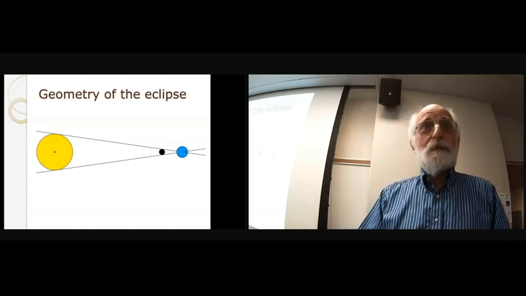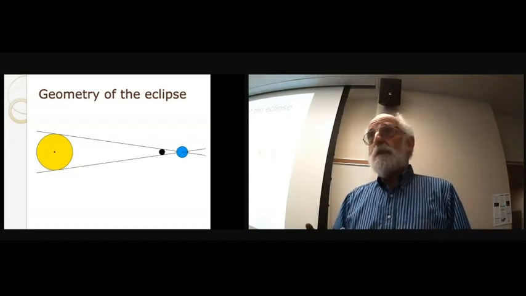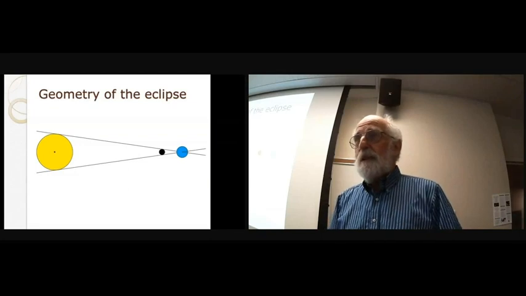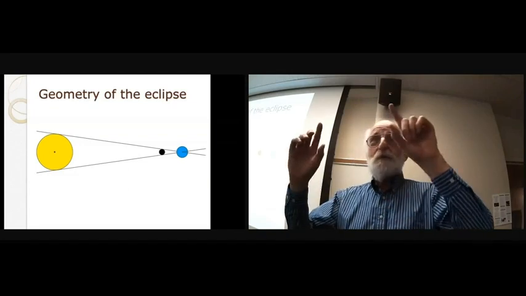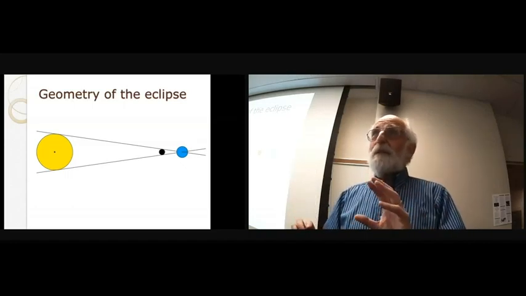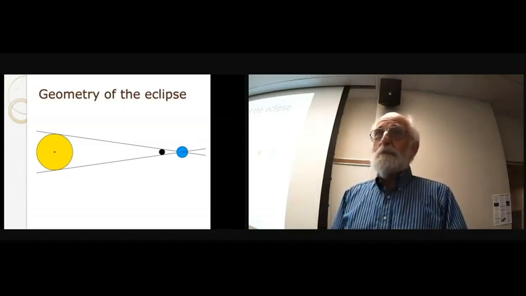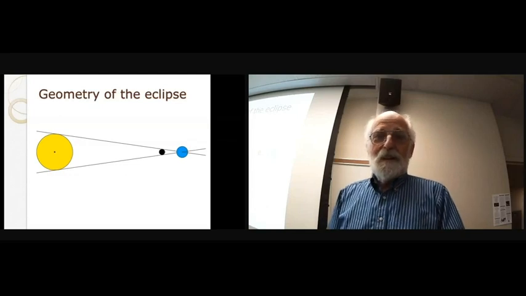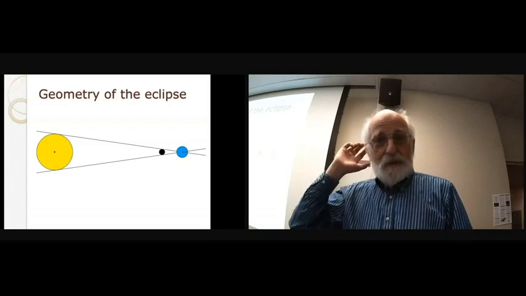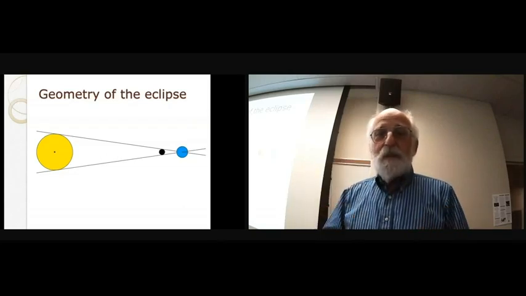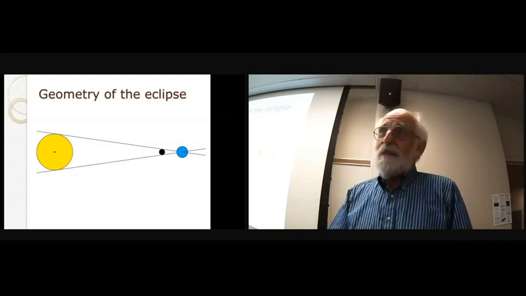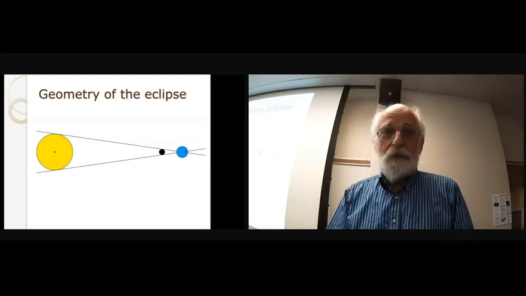Now, sometimes, depending on where the moon is, you get a partial eclipse, and sometimes you get one of these ring eclipses where you see the outer edges of the sun around the moon when the moon is completely blocking it. Because keep in mind the relative distances change a little bit depending on the particular event.